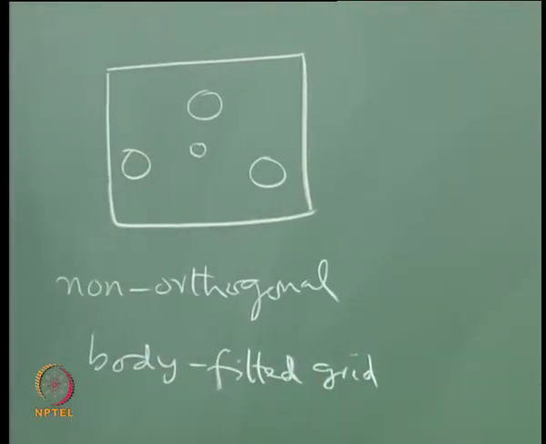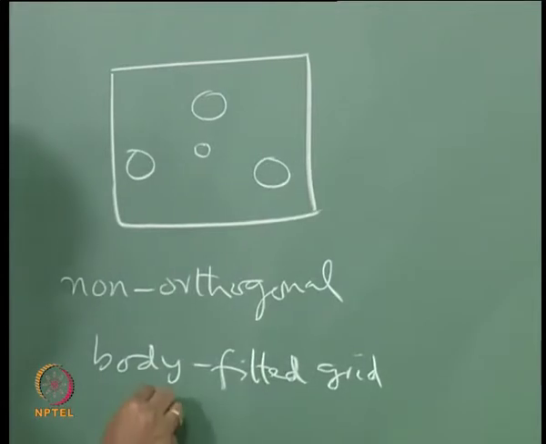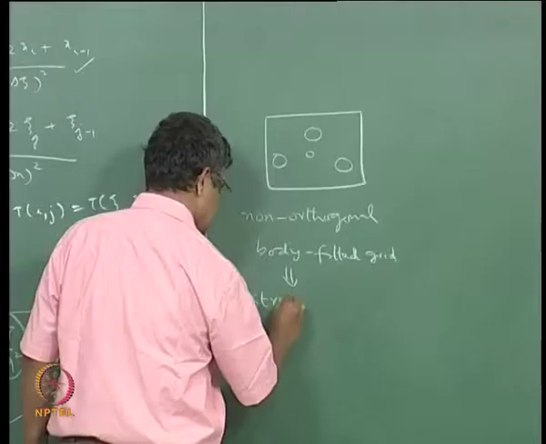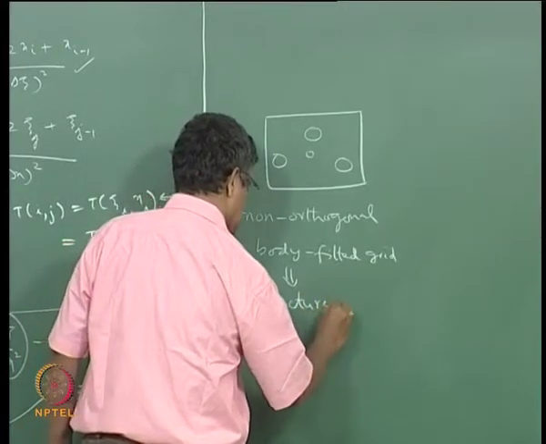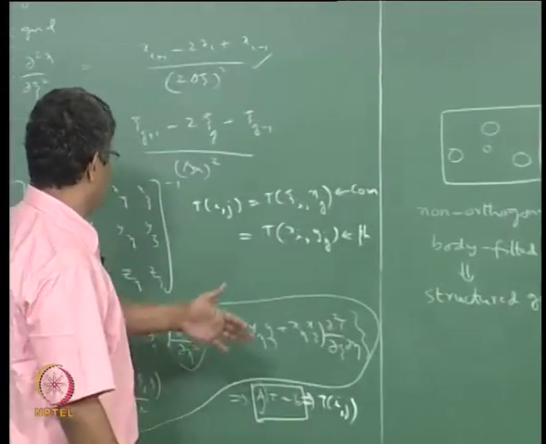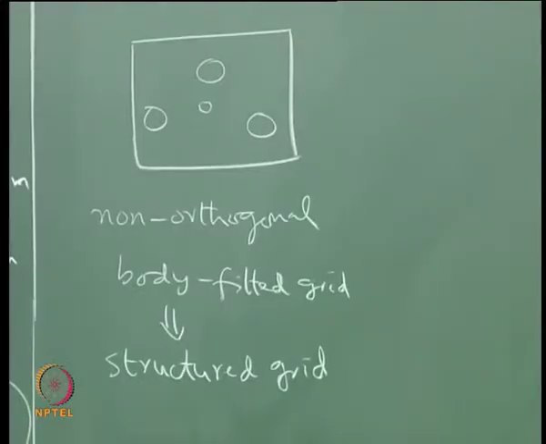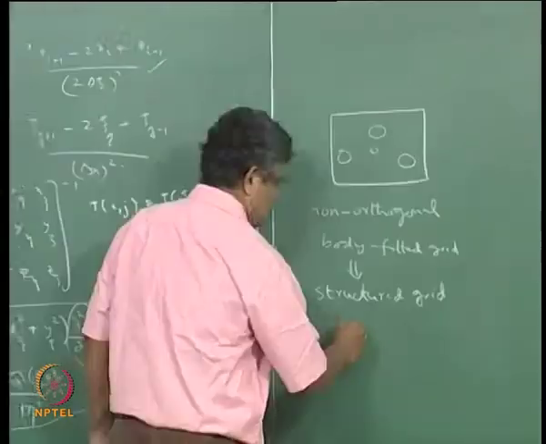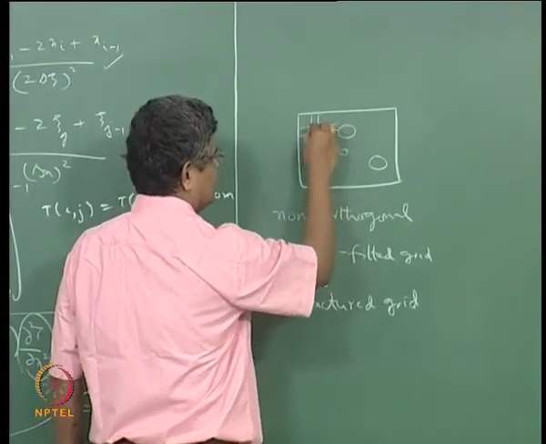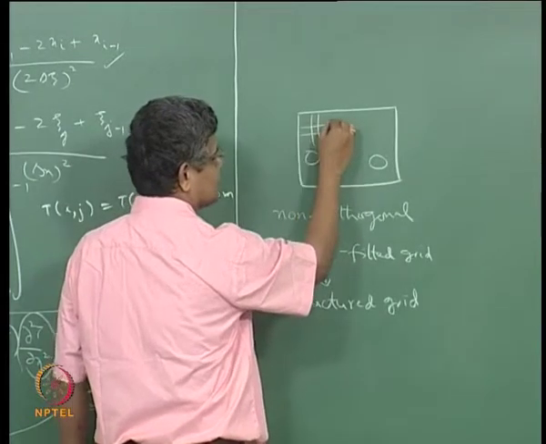And this non-orthogonal body fitted grid is such that this is also a structured grid. It is structured in the sense that the grid points are at intersections of constant coordinate lines.